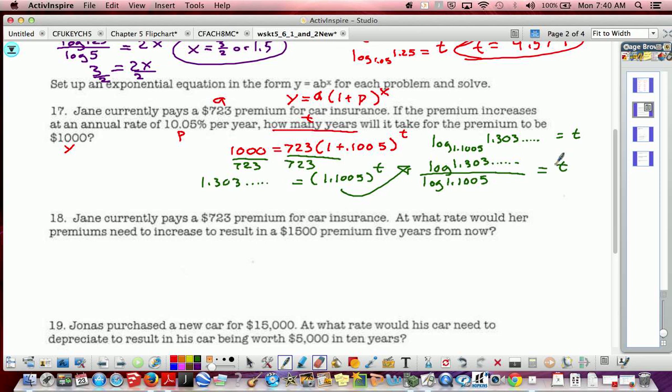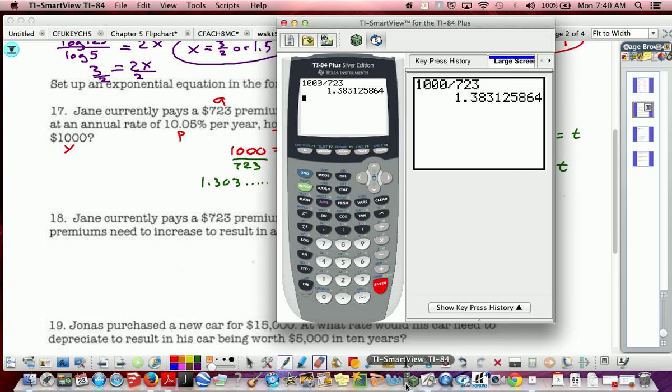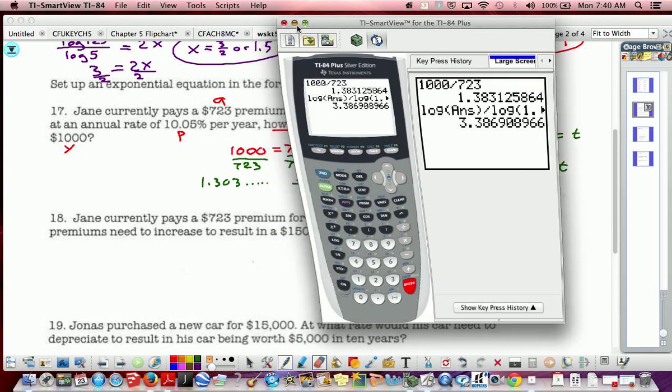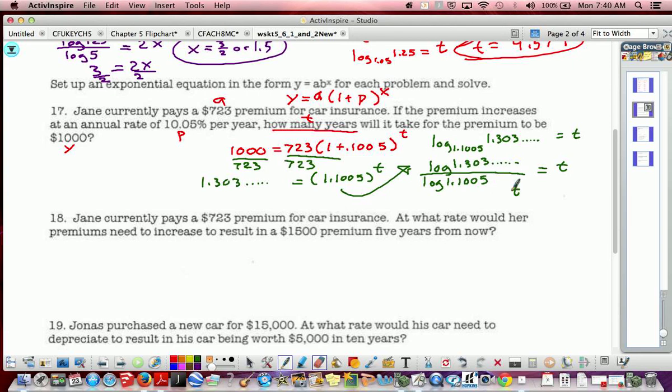So on my calculator, since I still have this in my calculator, I'm going log of my answer divided by log of 1.1005. Close my parentheses, and I get about 3.4 years. So I'm going to go to the nearest tenth here, about 3.4 in our case, years.